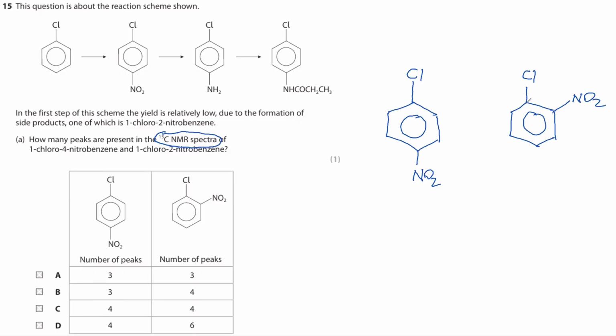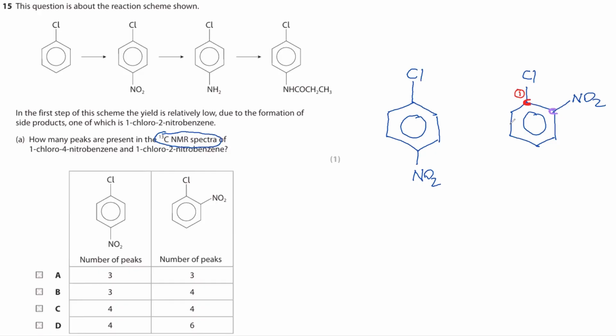Okay. So this is one carbon environment. It is attached to a chlorine atom. I don't see any other carbon atom attached to a chlorine atom to check whether there are similar environments. So this is one type. So I just call it the first environment. Then we have a carbon atom attached to this NO2 group.